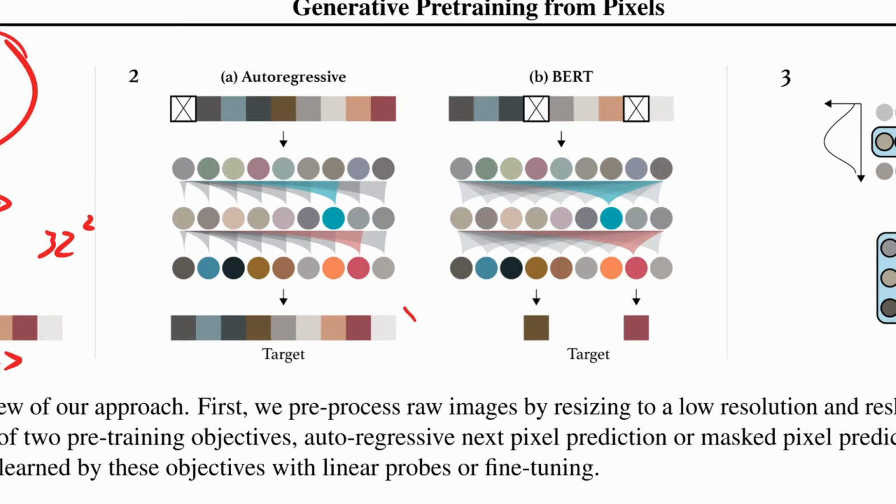So you can see right here, that's the sequence that you input, and you always want to predict what is the next pixel. And in this case, you see that we've already predicted everything up to this red pixel. So you want to know, what's this next pixel, this thing right here? What's this going to be?